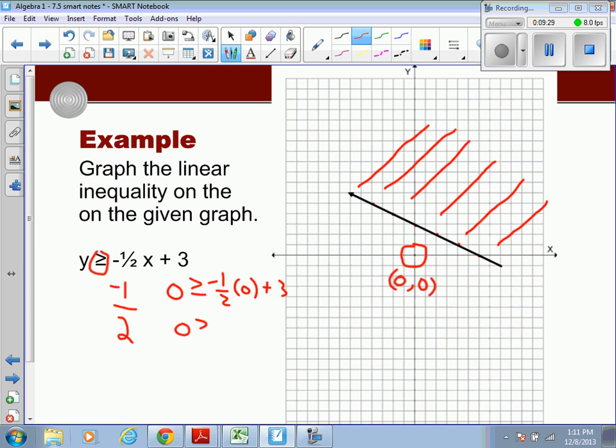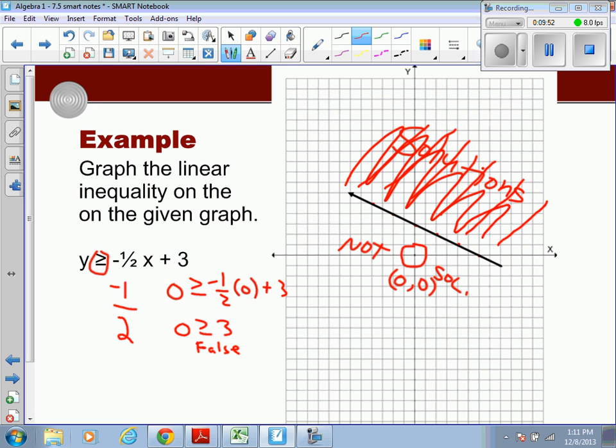I have 0 is greater than or equal to 3. This would be false. And since this is false, and 0, 0 lies below the line, that means that these must not be solutions below it. So above are the solutions, which again confirms that we must shade above.